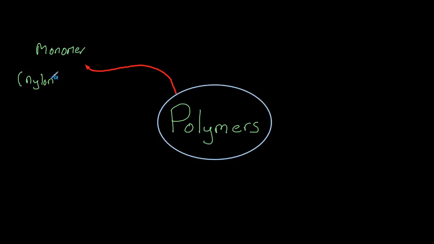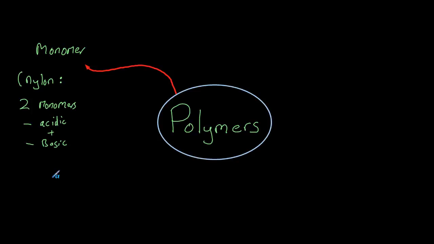So nylon is very strong, and the reason being it has two different monomers. And one of the monomers is acidic, plus the other monomer is basic. So remember, acid plus base, you're going to get a reaction.